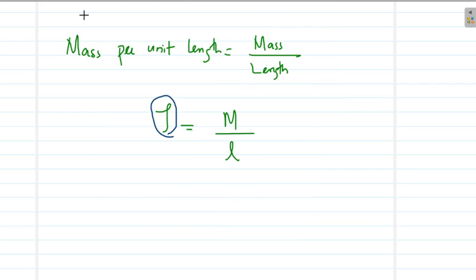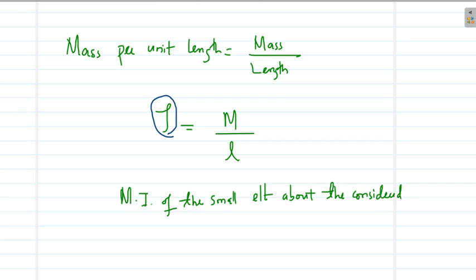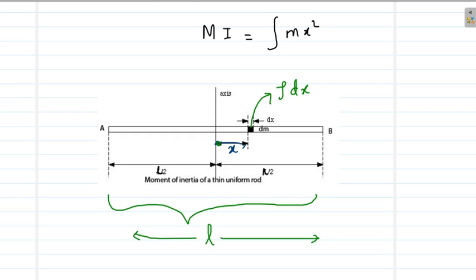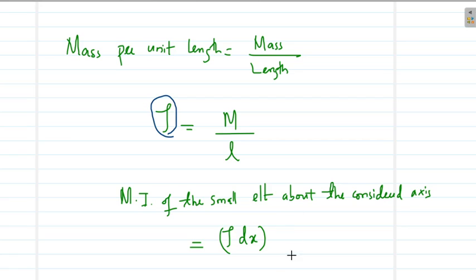Now to calculate the moment of inertia of this small element about the considered axis, it is equal to rho into dx, which is the mass of the small mass element, multiplied by x square. Rho dx into x square.